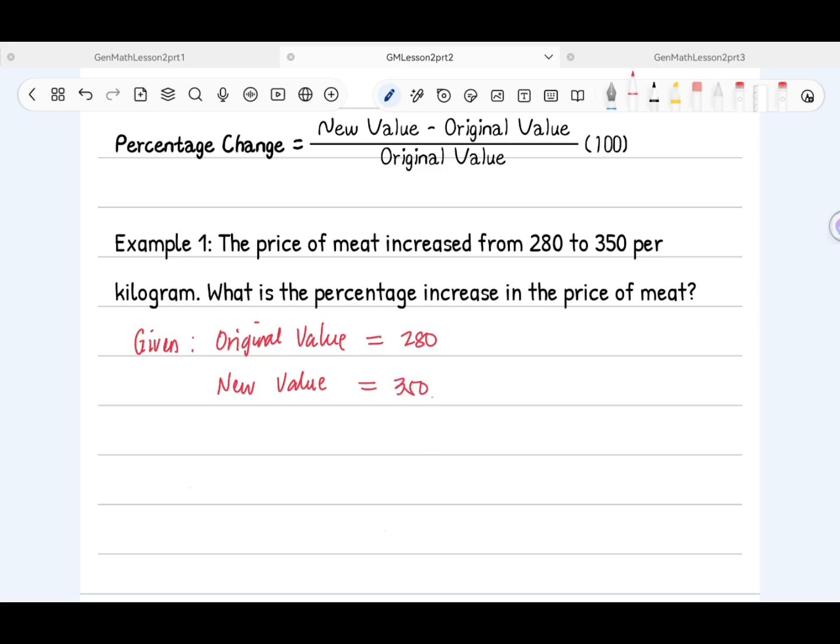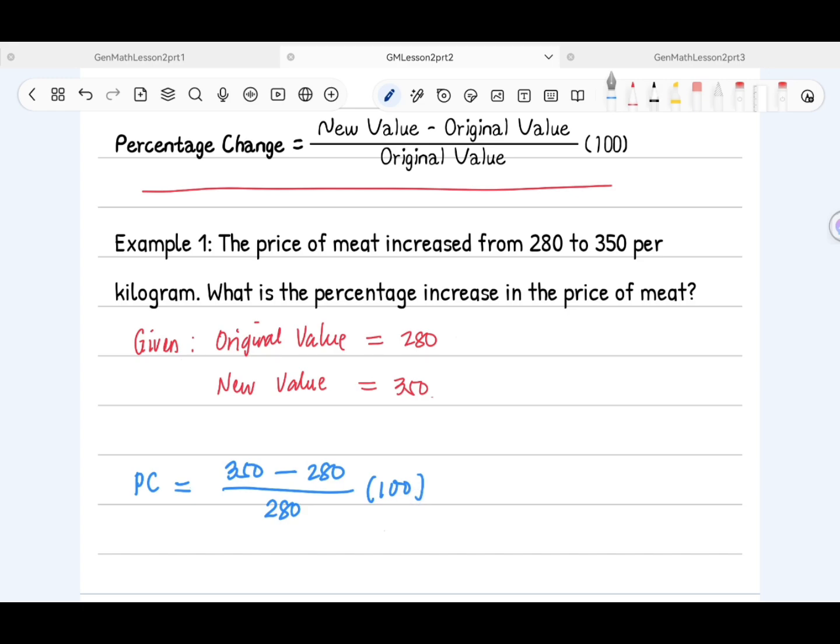And to get the percentage increase in the price of meat, we will use this formula here. So we have percentage change is equal to first the new value, which is 350 minus the original value, which is 280 divided by the original value, which is 280 times 100.